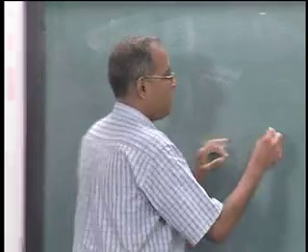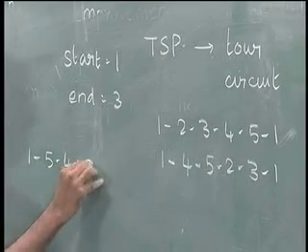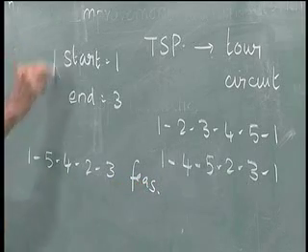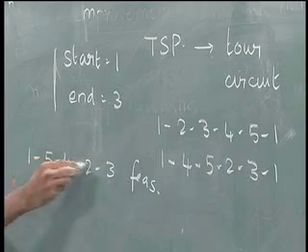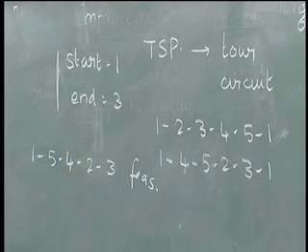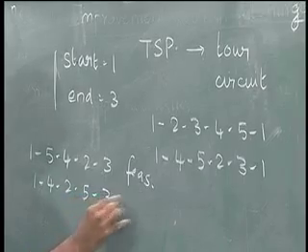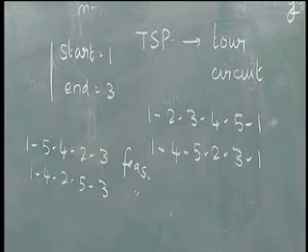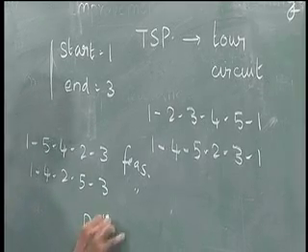For example, 1, 5, 4, 2, 3 is a feasible solution to this problem, because I start with 1, I end with 3, I can go through this. I may have 1, 4, 2, 5, 3 is also another feasible solution. Now such a problem is called a travelling salesman path problem.